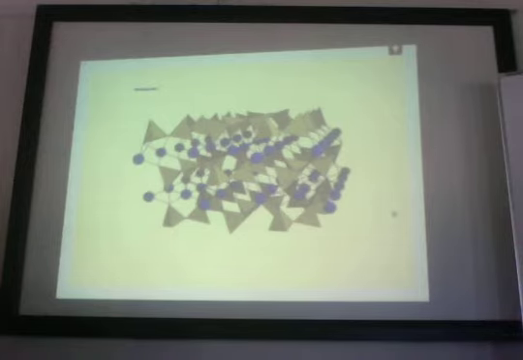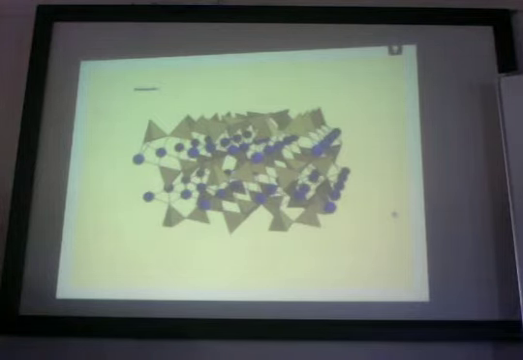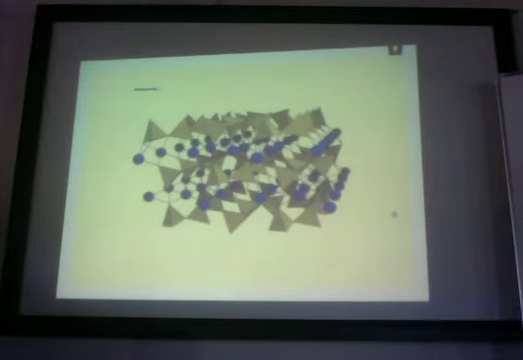Then along this axis you are making the Fe-Mg exchange. In the middle here you have the diopside, and here you have the hedenbergite. And here at the top you have the wollastonite, that is CaSiO3, Ca2Si2O6.